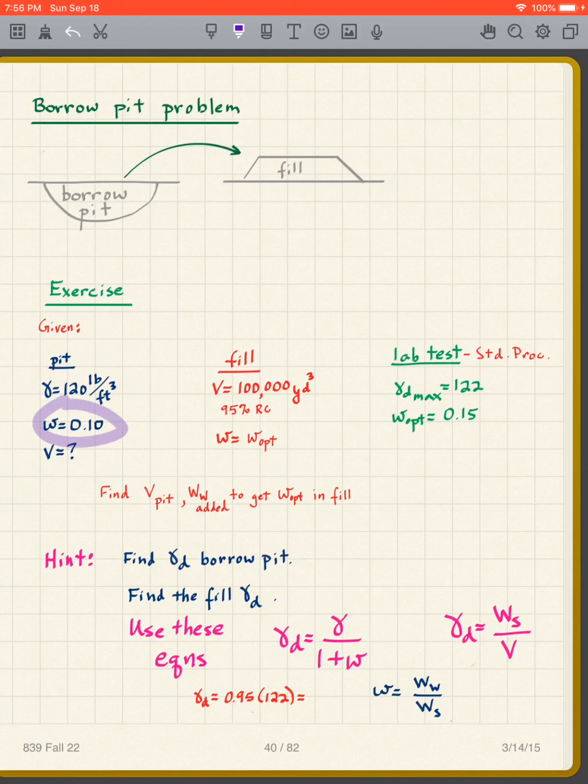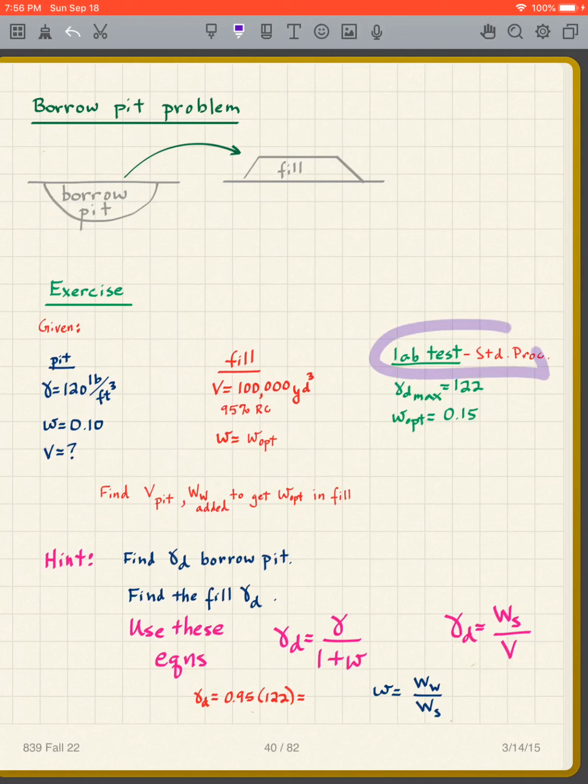The water content is 10%. We want to know what is the volume. For the fill, we know the volume. We want to build a 100,000 cubic yard fill. We want a 95% relative compaction, and we want the water content to be approximately at the optimum water content.